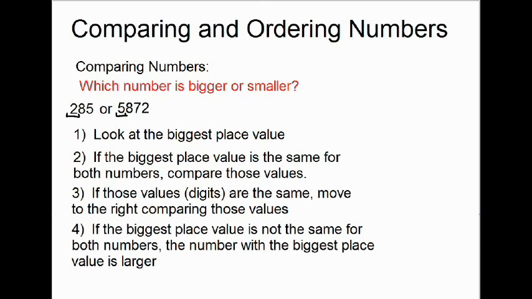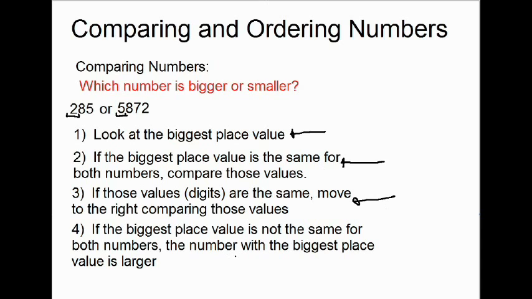So again, we always start by looking at the biggest place value. If the biggest place value is the same, then we compare those values. And if those values are the same, then we move further to the right. But if they're not the same, we can't compare those values. So we have to look at which number has the bigger place value.